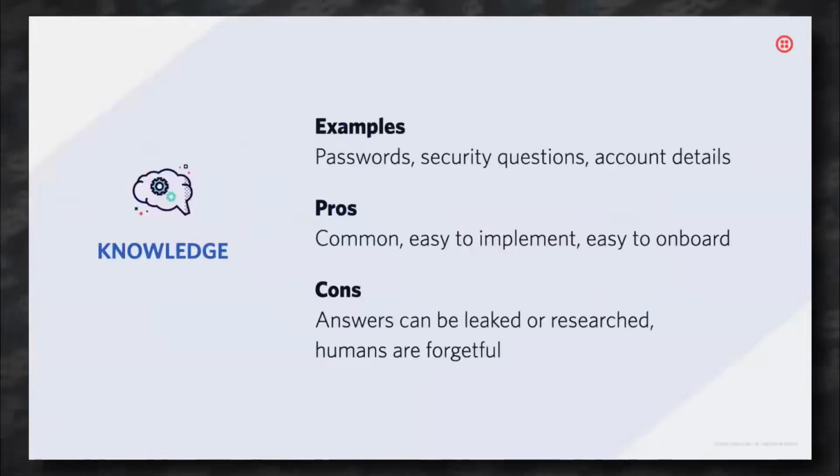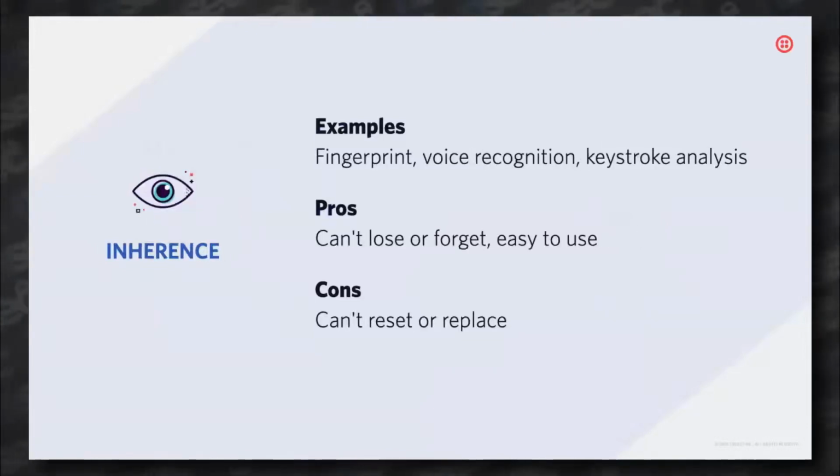However, knowledge factors like passwords can, of course, be breached, and many security questions or account details could be searched. It's not impossible to find the street that someone grew up on or guess the color of their first car. And so humans are, of course, forgetful, so anything like a password could also be lost that way.